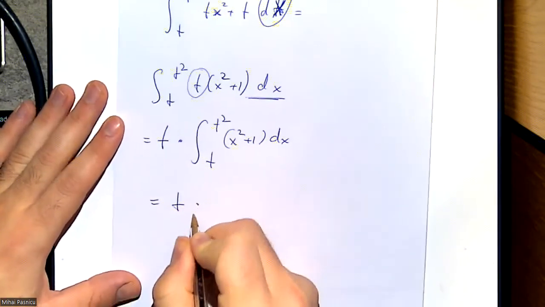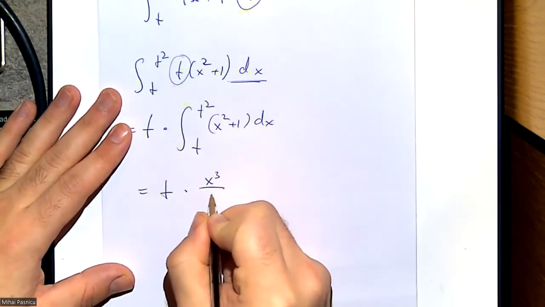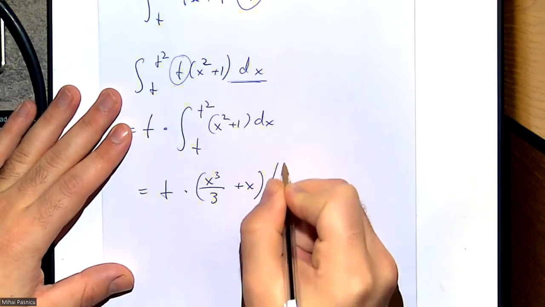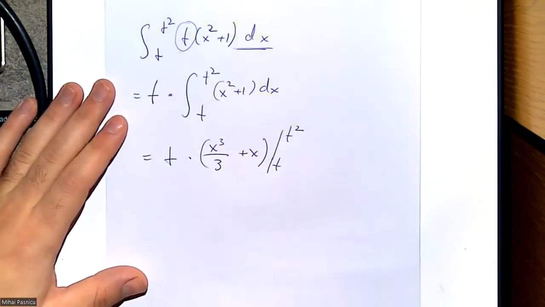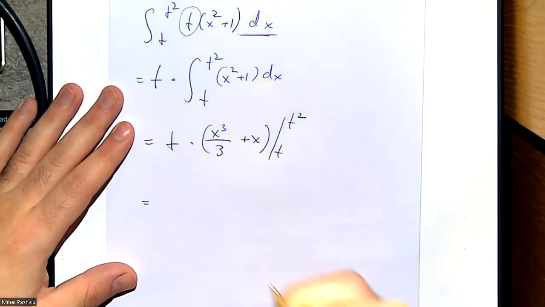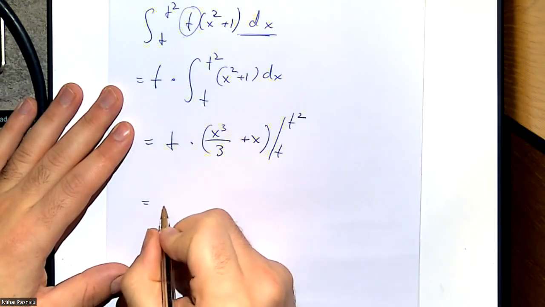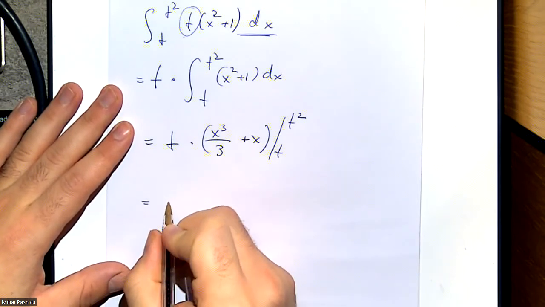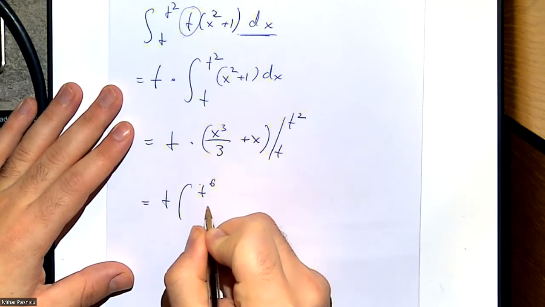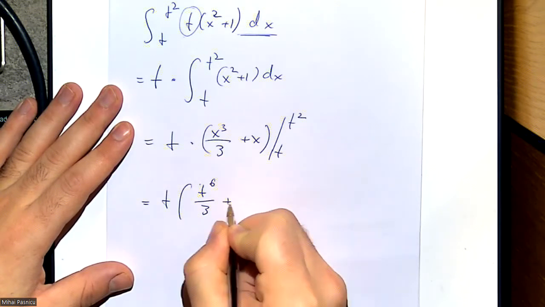This is just t times (x to the third over 3 plus x) evaluated from t to t squared. And this just gives me some value that I'm not really interested in computing. I guess I'll do it: t to the 6 over 3 plus t squared, minus t.